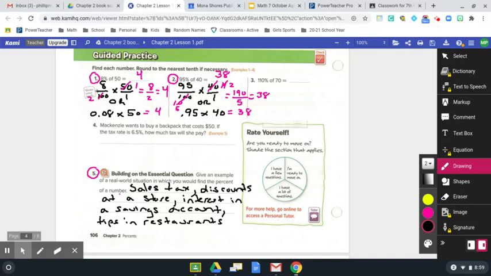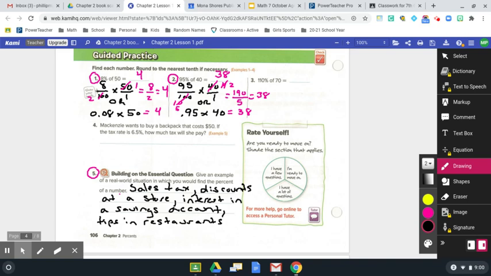Discounts at a store. When you're shopping online or in an actual store and you're looking at something that's 25% off, 50% off, 10% off. Interest in a savings account. If you have a savings account, it earns some percentage of interest each month.